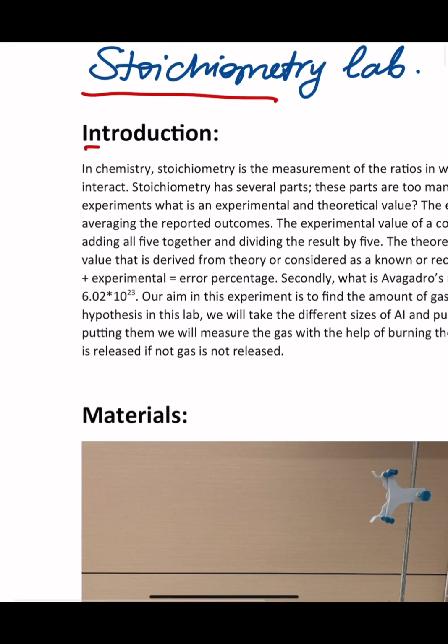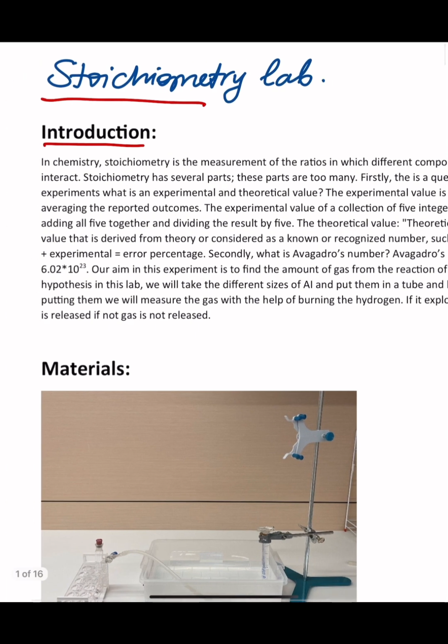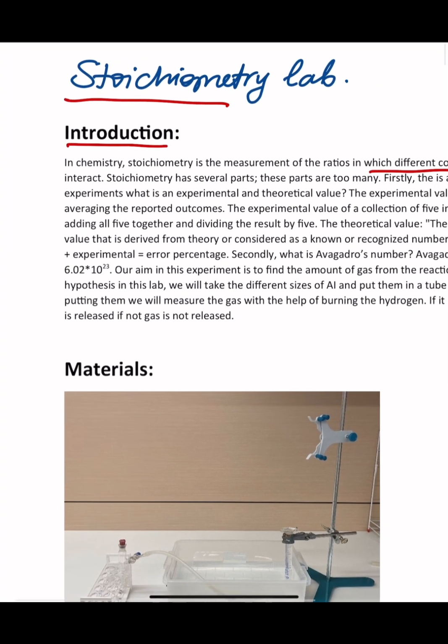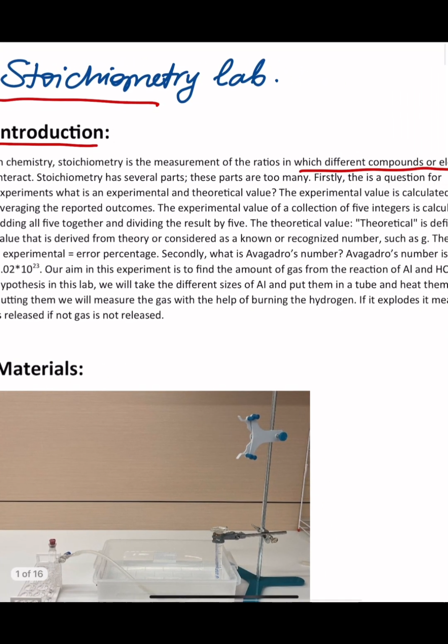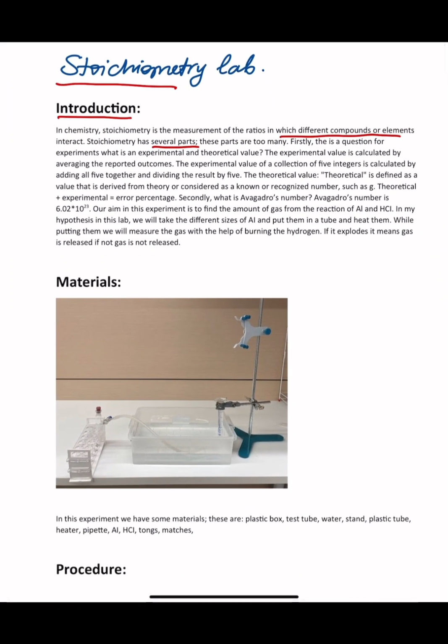In here, one of the students has written that stoichiometry is the measurement of ratios in which different compounds or elements interact. So they have given information about stoichiometry, and they're going to talk about the experimental theoretical value, question mark, which is not good. You don't really ask questions in here.